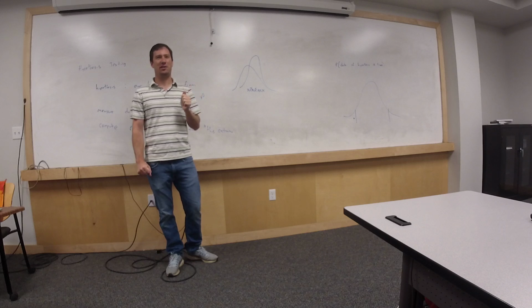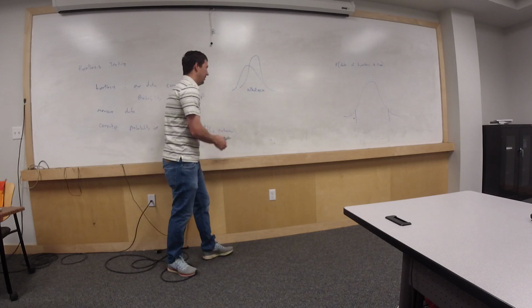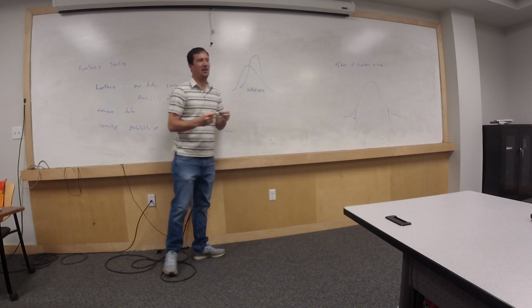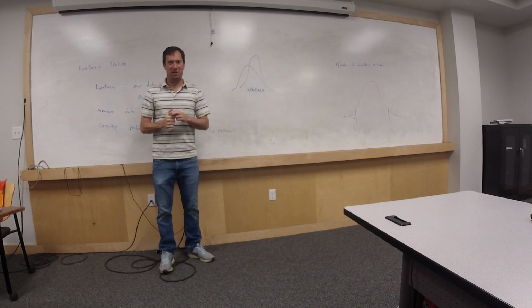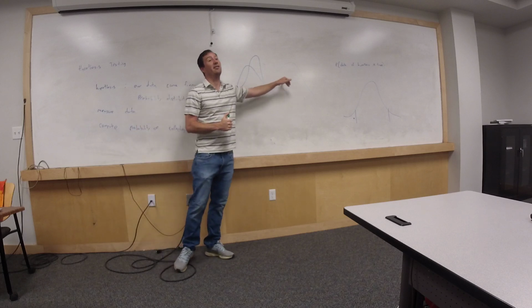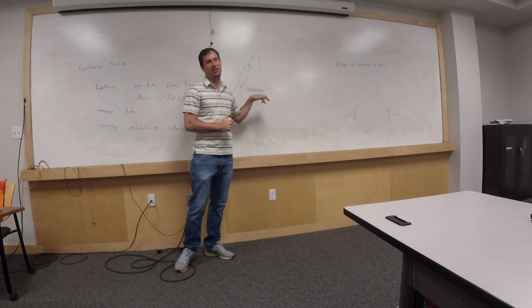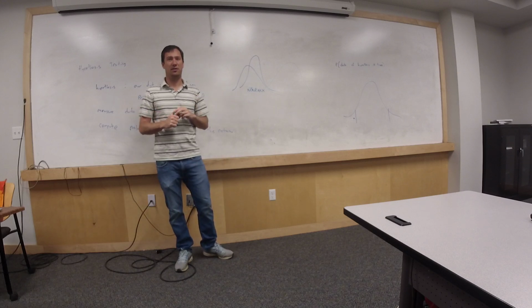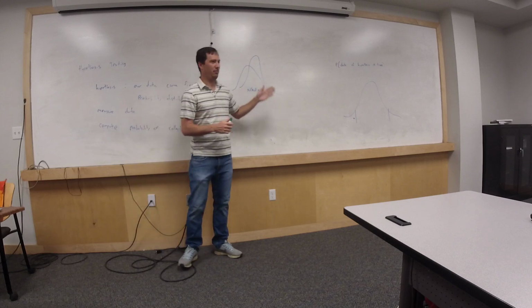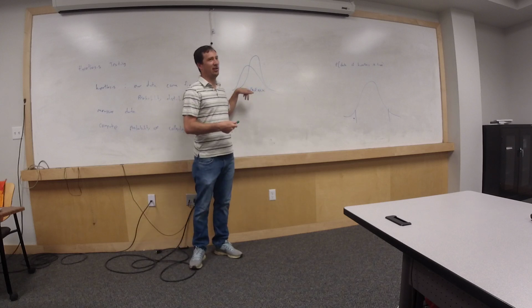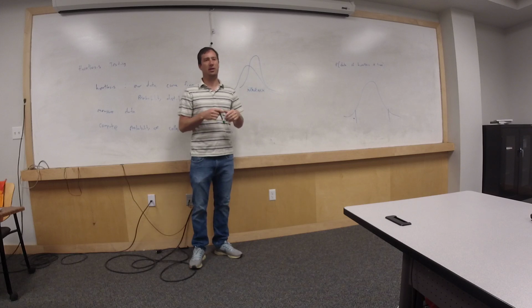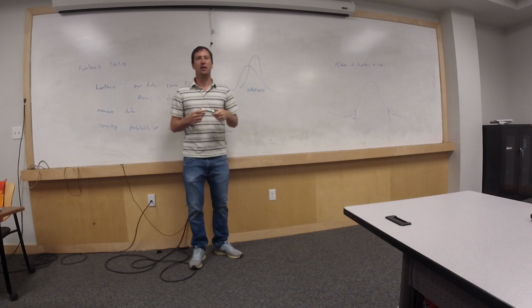But if I thought my distribution looked like this, then I can be pretty sure in concluding that this is not what generated this data. And there's a risk, because probability is random. This data could have come from this distribution. I could have gotten very lucky or unlucky, depending on how you look at it.